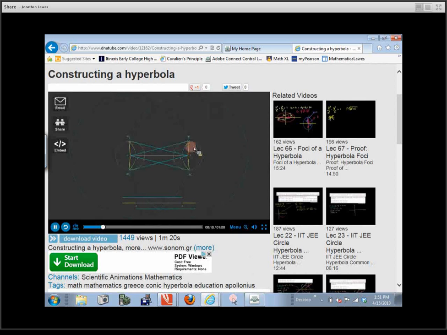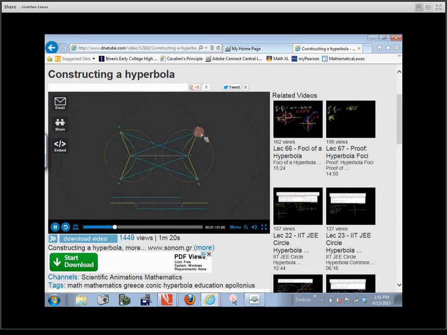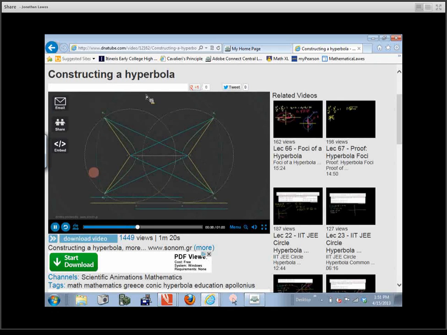Okay, watch. Okay, there's a focus and there's a focus right here. And this distance right along here and that distance right along there, that yellow line right there, if you can see that. Okay, the difference between the two of those is always exactly the same. So even though this point is going out further, and so we've kind of got this circle around here and then this bigger circle there.